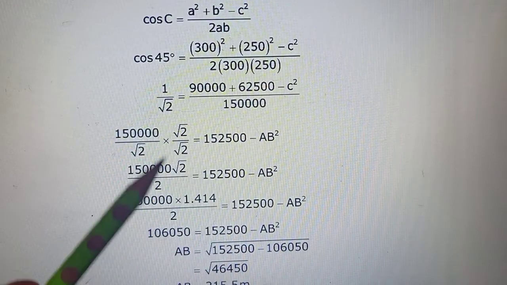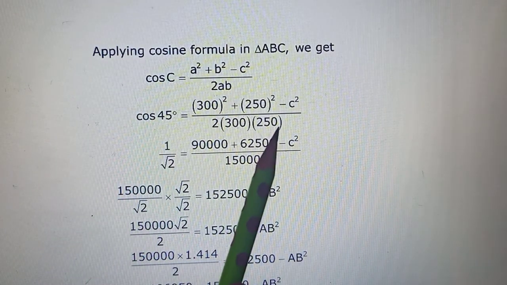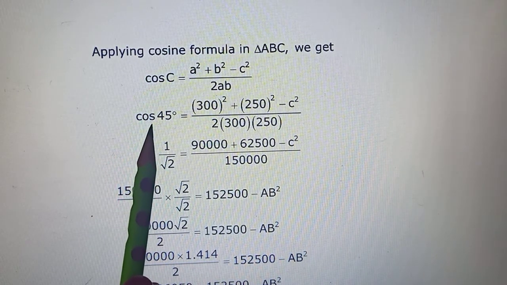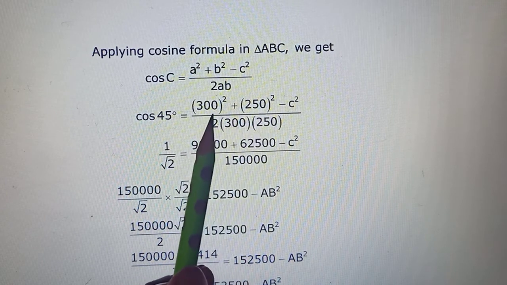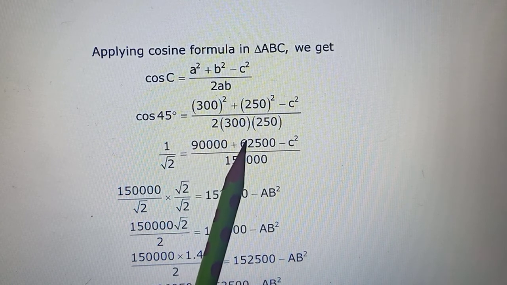So applying your cosine formula here, cos C, चाहे उस फॉर्म में लिखो या हमें C निकालना था तो ये क्रॉस मल्टीप्लाई करके C को सब्जेक्ट बनाओ, जैसे भी आप करते हो. Okay. So cos 45, that is 1 by root 2, will be equal to the square of the two sides that were bearing the angle minus the opposite side का square होता है upon here.